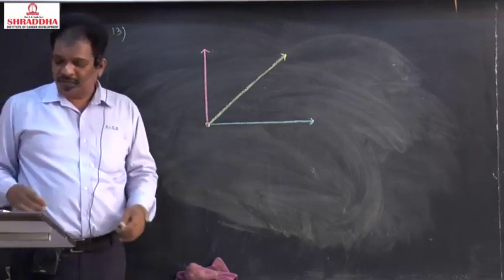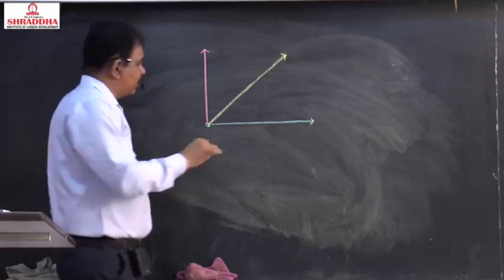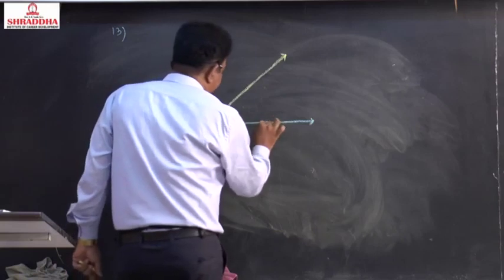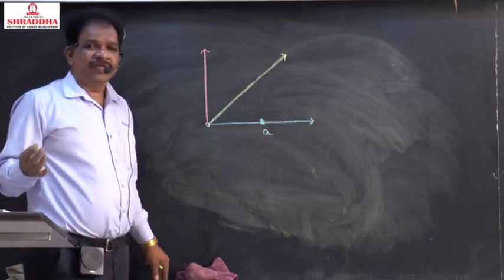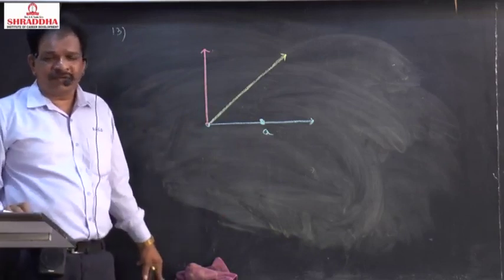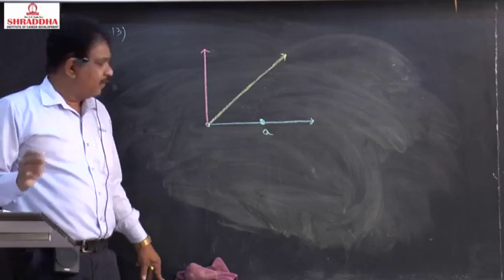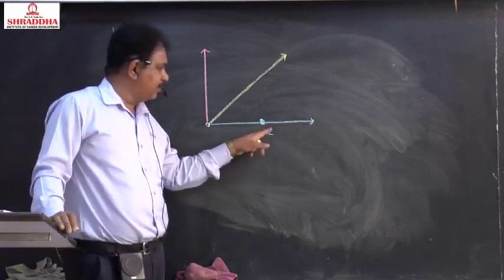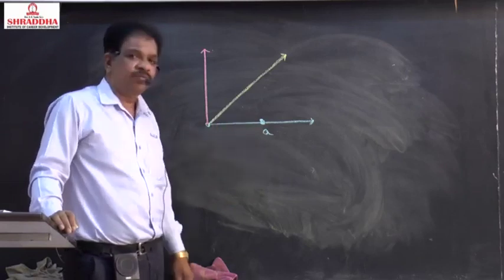After 1 second, what is the position of A? Small a they gave. So after 1 second, it will come to here. Distance is equal to velocity into time. Velocity is a, time is 1. So this position is equal to a.